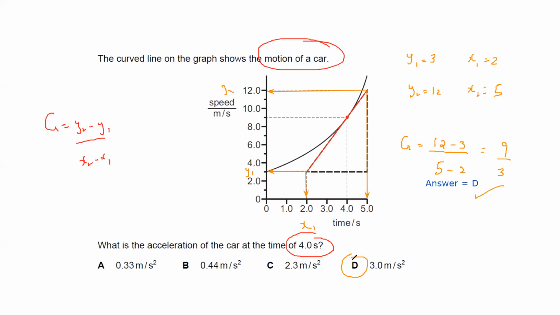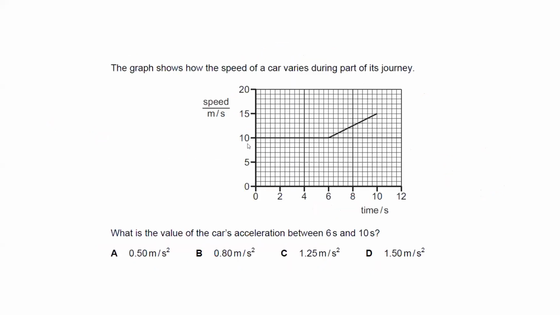So D will be the right answer for this question. Is it clear? In this example from a speed time graph, a non-linear graph, there was a curve, and you work out the acceleration from this curve. So the correct answer is D.